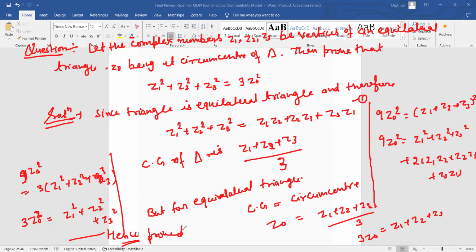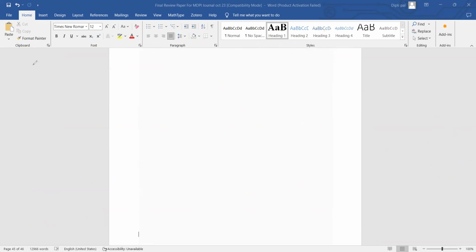Now we move to next. Find the argument of i times (x plus iy) if the argument of x plus iy is alpha. Solution.